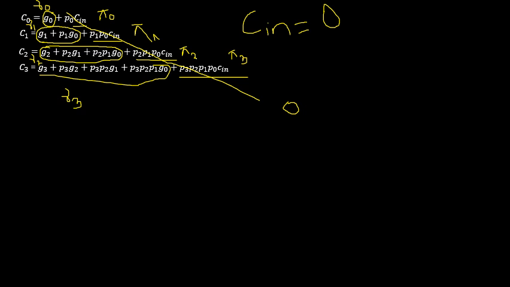So I can now write the C0 value as equal to gamma naught plus pi naught.